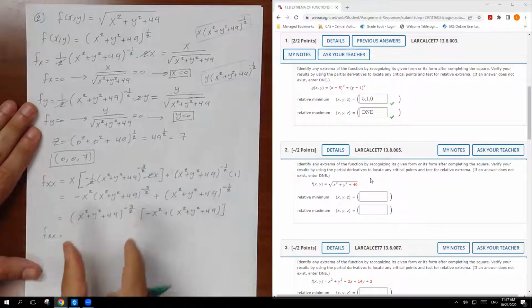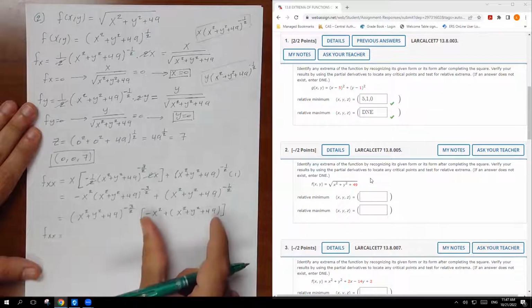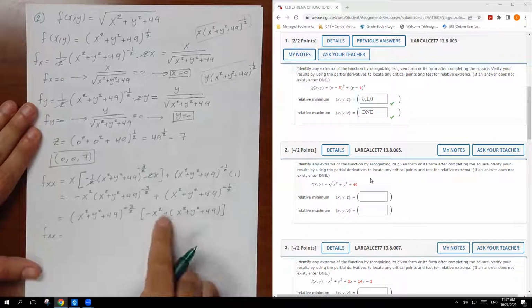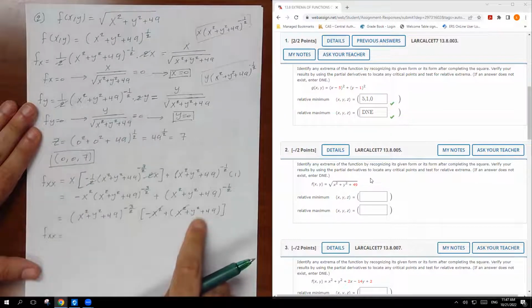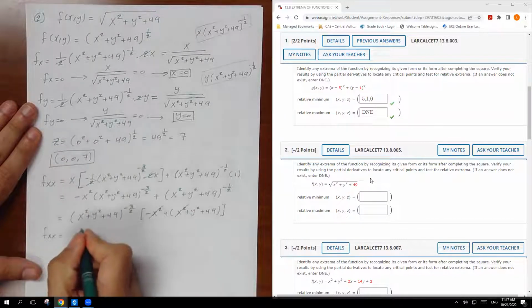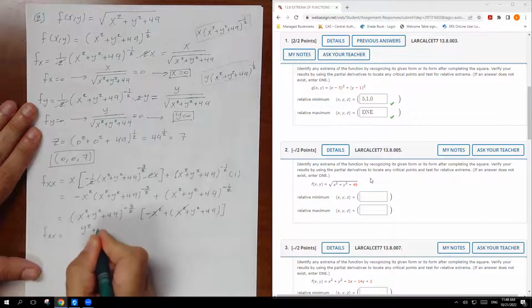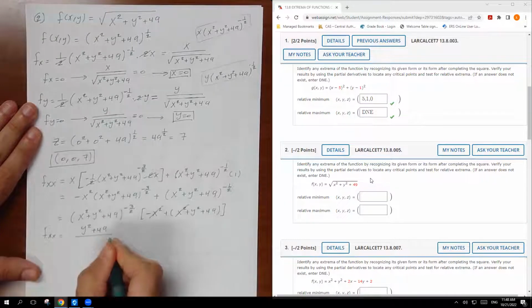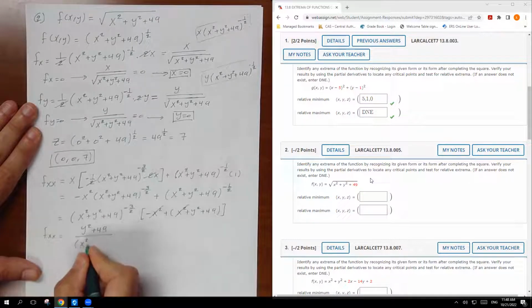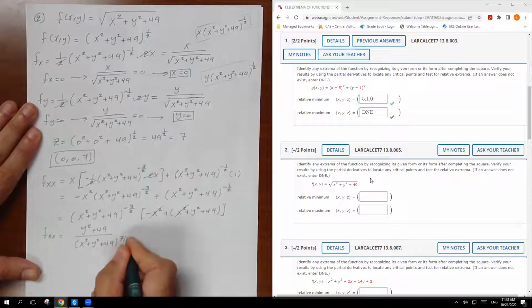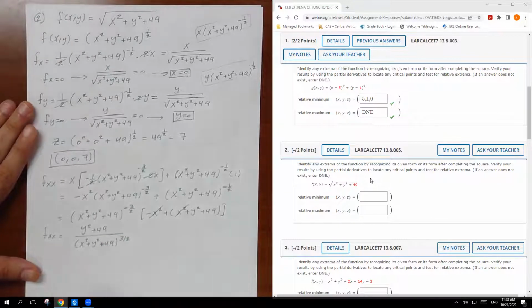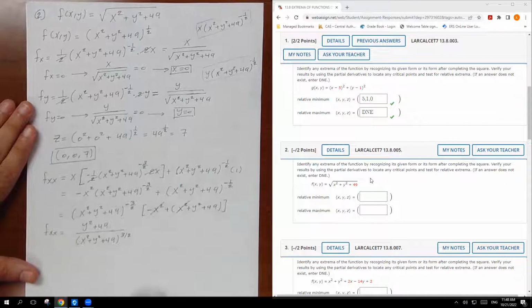This one is going to go down and combine these together because there's a plus. That means x squared cancels with the x squared. So the left here is going to be y squared plus 49 divided by (x squared plus y squared plus 49) to the power 3 over 2. This is f sub xx, the second derivative with respect to x.